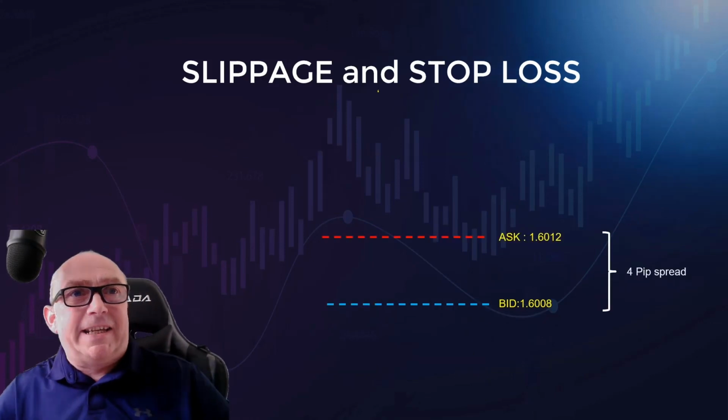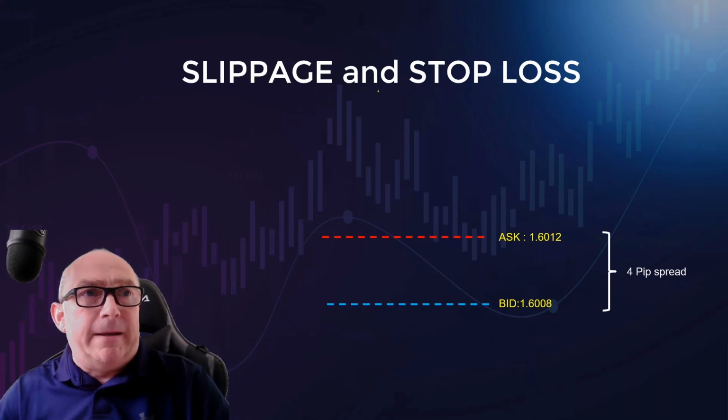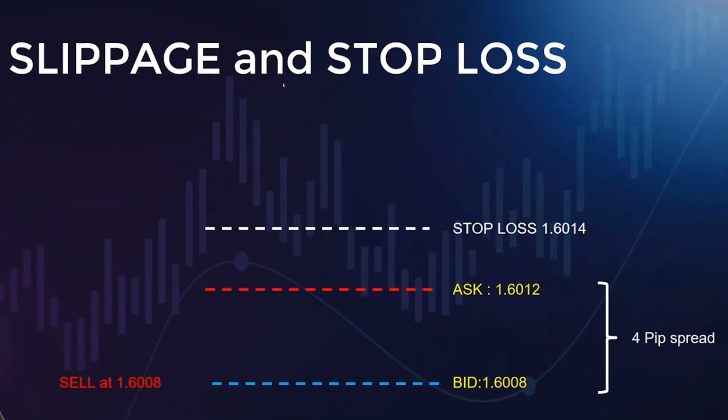And now let's look at an example of a sell trade. So I want to sell here, looking at hitting the bid. I sell at 6008, no slippage there. As with any good trader, placing your stops at the same time. My stop is above the market at 6014. 4 pip spread. Let's assume now markets don't move, but big numbers released.